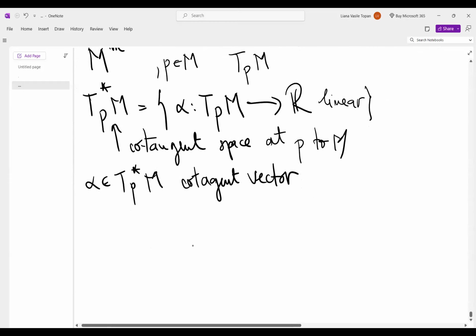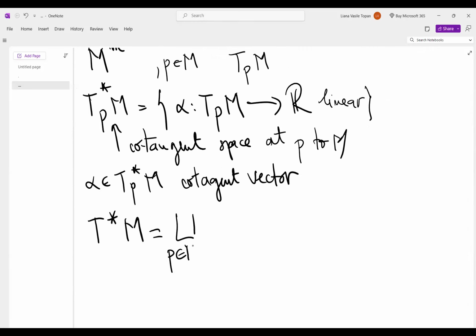And as we've done for the tangent spaces, we can build up the cotangent bundle. So we have the cotangent bundle of M, which is the disjoint union, defined similarly to what you saw last time for the tangent bundle. So what is an element here?